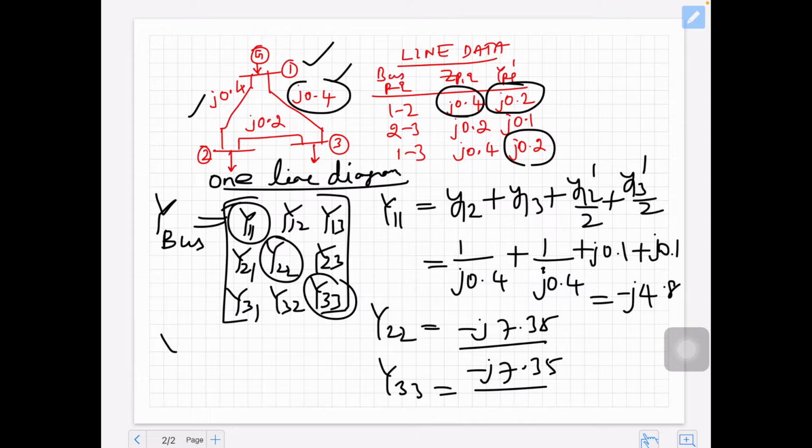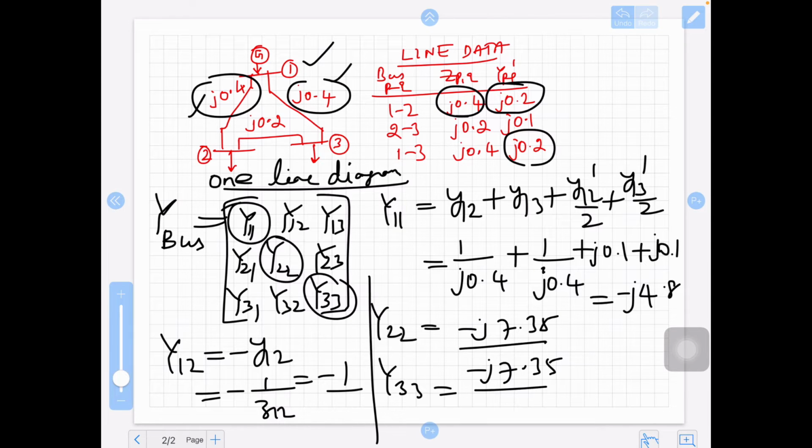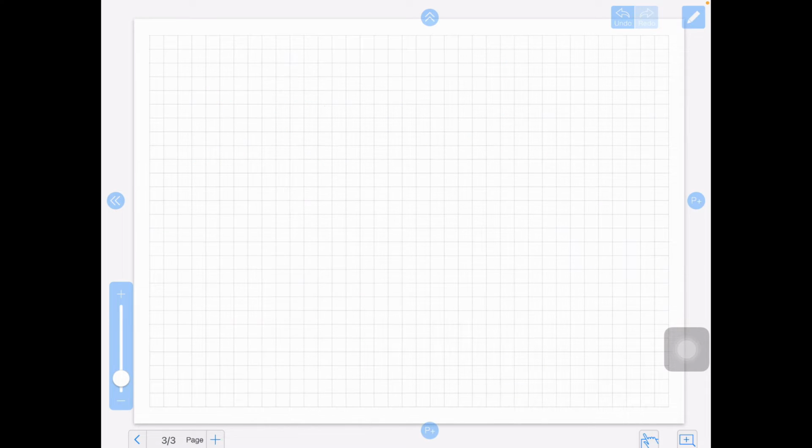The off diagonal elements you can find like this: Y12 is the negative of the line admittance connected between the buses, that is, minus 1 divided by Z12. If you simplify, you will get this answer for the Y bus.